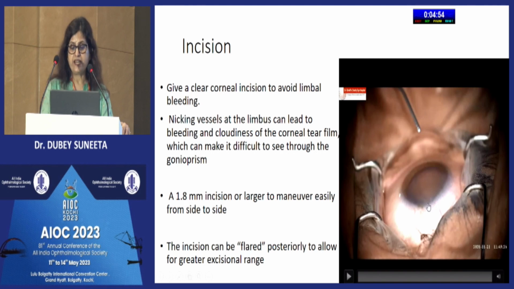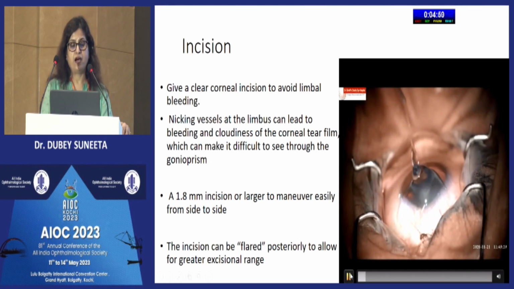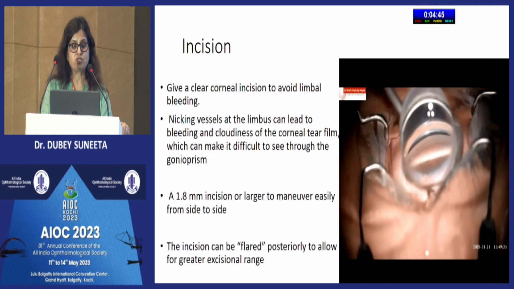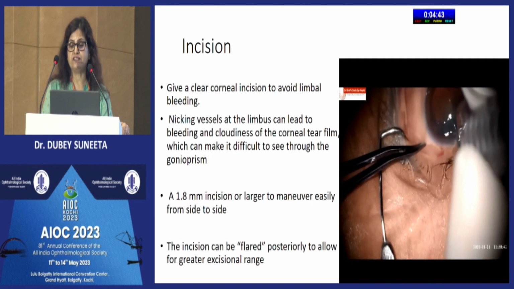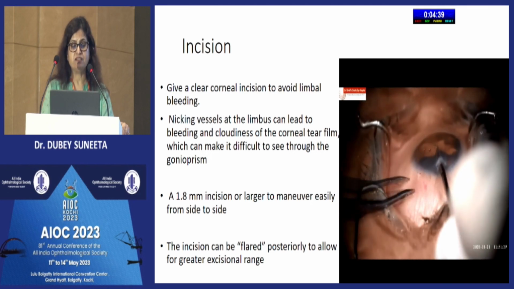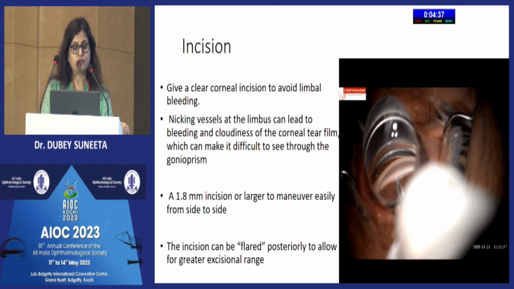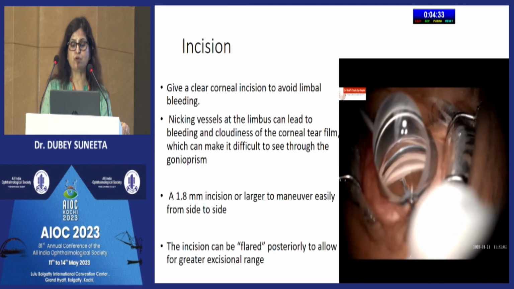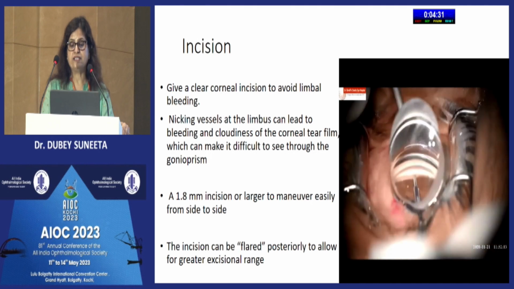A 1.8 millimeter incision is enough to have good maneuverability from side to side, and the incision can be flared posteriorly, so you can enlarge the incision from inside to allow greater excisional range, wherein you can keep rotating your gonioscope and treat the angle.